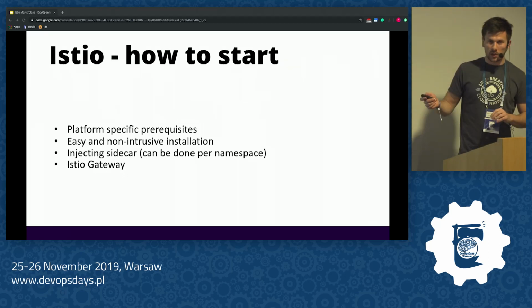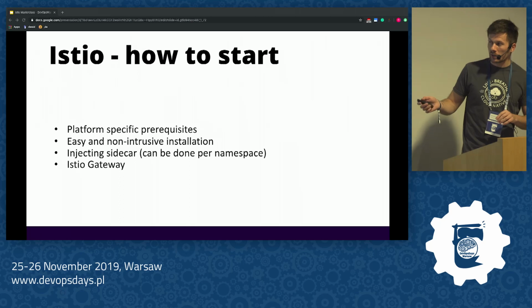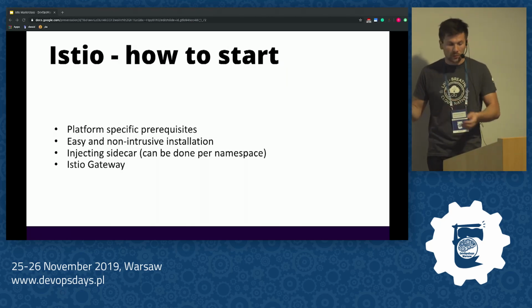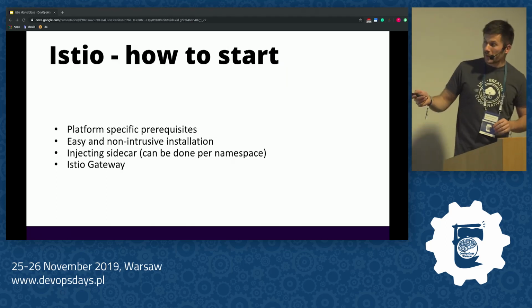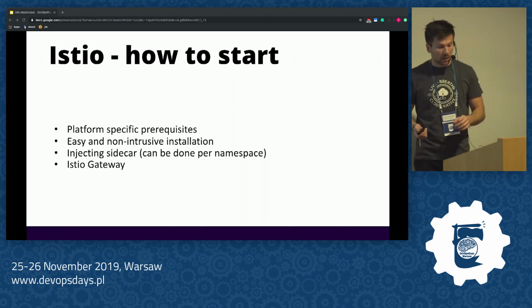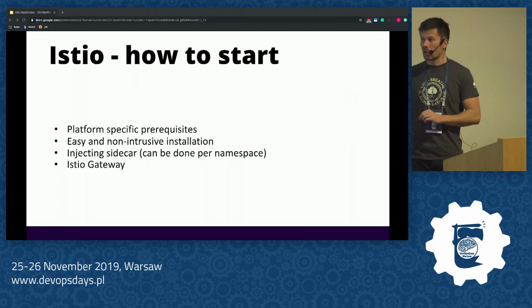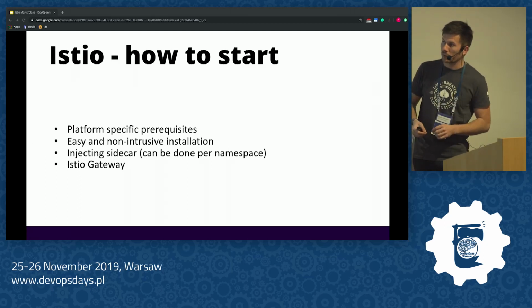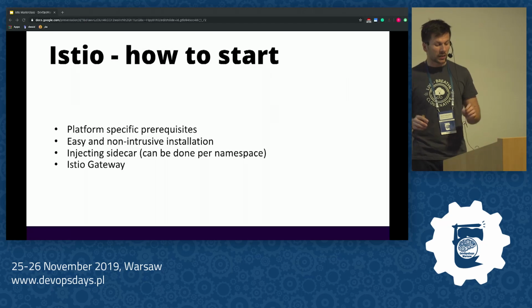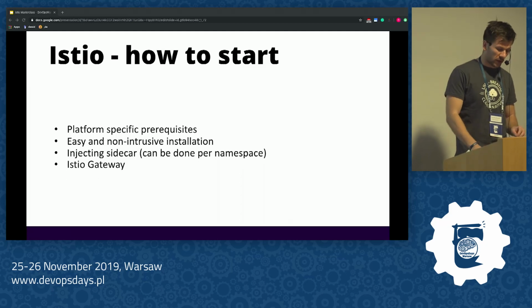If you keep using your Kubernetes ingress and don't use Istio Gateway, then you won't see many metrics from that one. But if you switch to Ingress Gateway, you can see everything, and you can also apply rules to the gateway the same way you do for the sidecars. So it's definitely wise to switch to the Istio gateway instead of keeping your Kubernetes ingress.